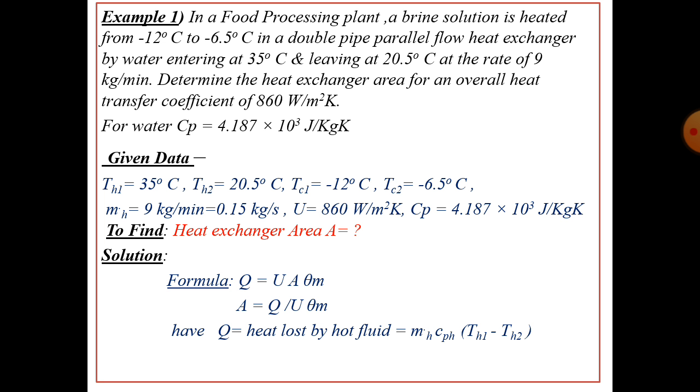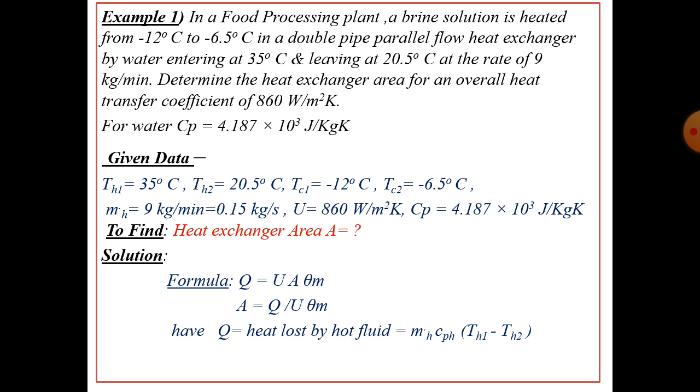Now in the second part, it is given that we need to determine the heat exchanger area. Means we need to determine the area A for an overall heat transfer coefficient U of 860 watt per meter square Kelvin.